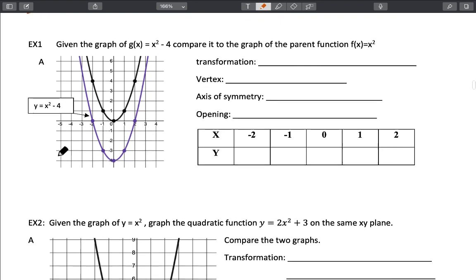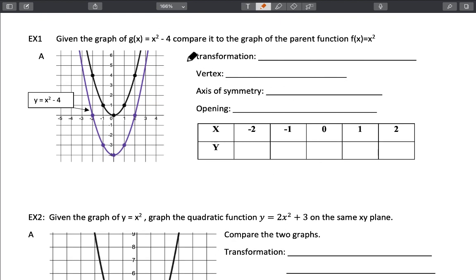Starting off with example 1, we have the graph of g of x, which is x squared minus 4. That's going to be graphed here in blue, and our parent function y equals x squared is graphed in black. We want to compare it to that parent function. First of all, it looks like it's a translation of 4 units down.